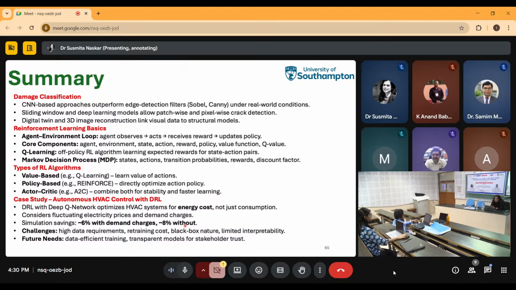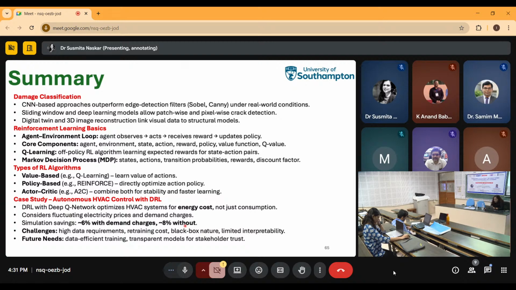We have also looked at some reinforcement learning basics to understand how it could possibly work using MDP, Q learning, and those things. Then we looked into the types of RL algorithms, Q learning or actor critic. We have seen a case study for the DRL, with some challenges and future needs.